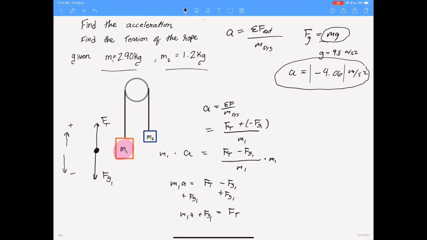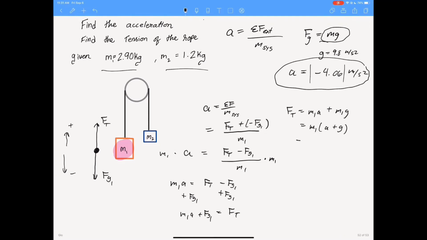Before I use the calculator, I'll further simplify. Ft equals m1a plus Fg1, but instead of Fg1, we'll put m1g. I can factor out an m1, and we'll have a plus g.